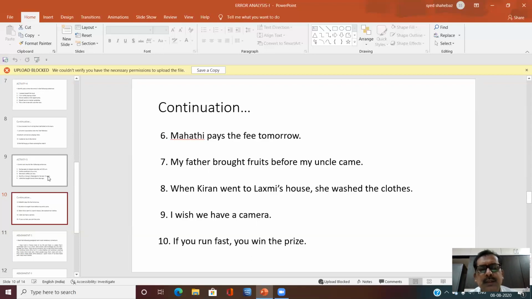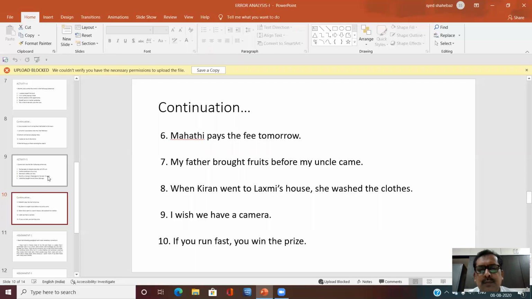Next, when Kiran went to Lakshmi's house, she washed the clothes. So here, when Kiran went to Lakshmi's house, she was washing the clothes. Suppose two actions happened one after the other.